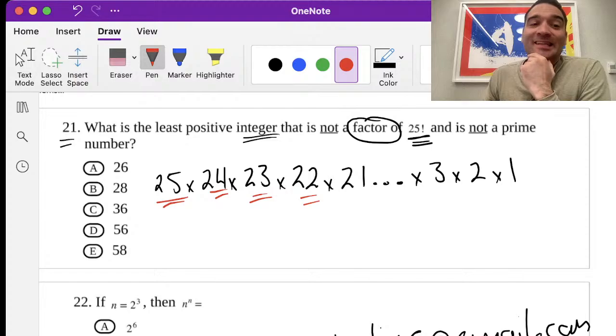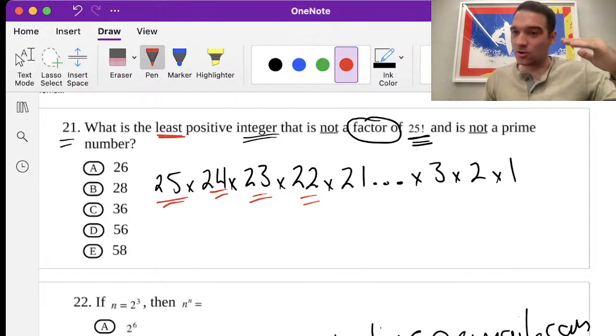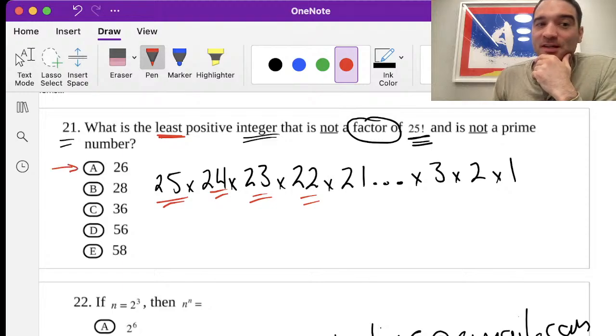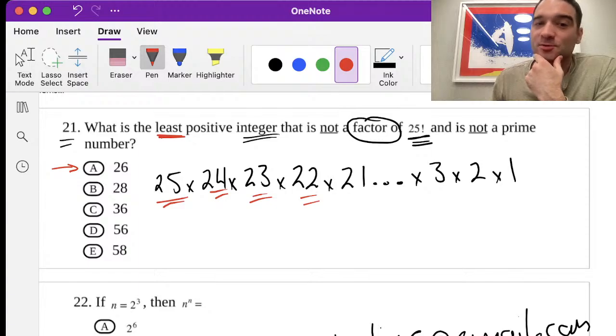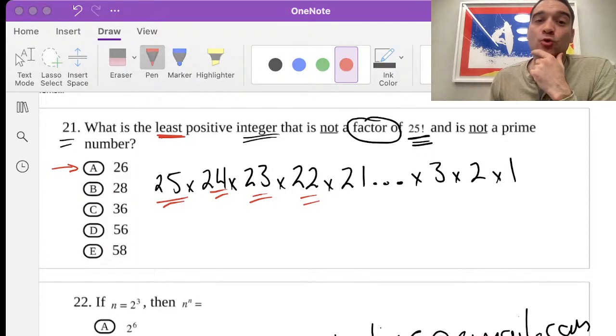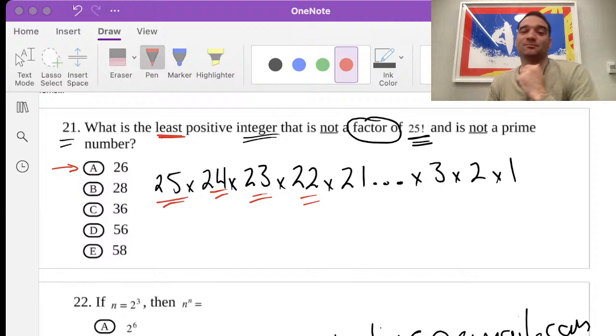We're looking for the least, right? So we want to start with A and work our way up. We can go down the list here. Let's start with 26. Is 26 a factor of 25 factorial? Well, I don't see it in here. It's 25 times 24 times 23 times 22 times 21. I don't see it, but could I create 26 from any of the numbers that I'm multiplying together here? That's the question, and it's non-rhetorical.